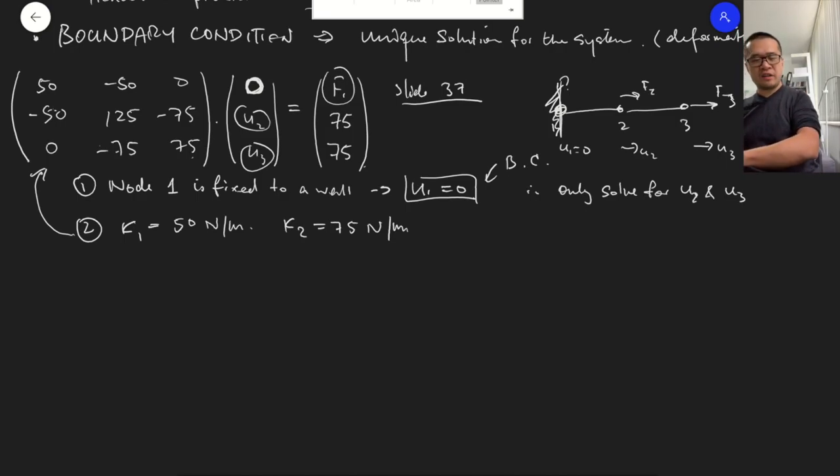So now we have 3 equations for 3 unknowns. So in principle, that's solvable, right?